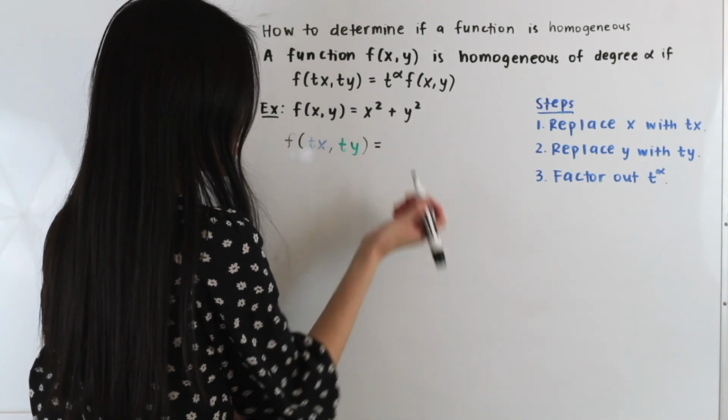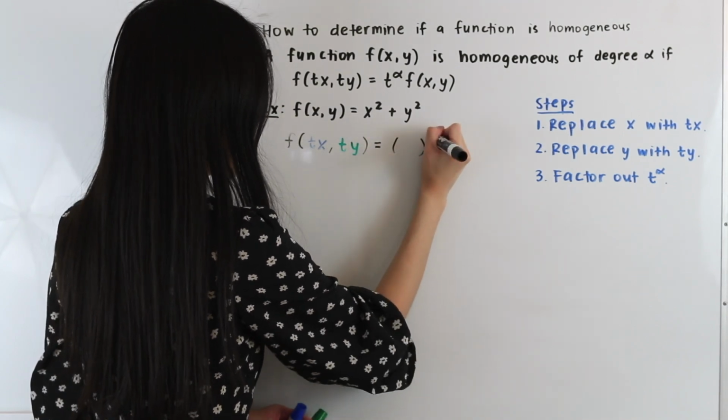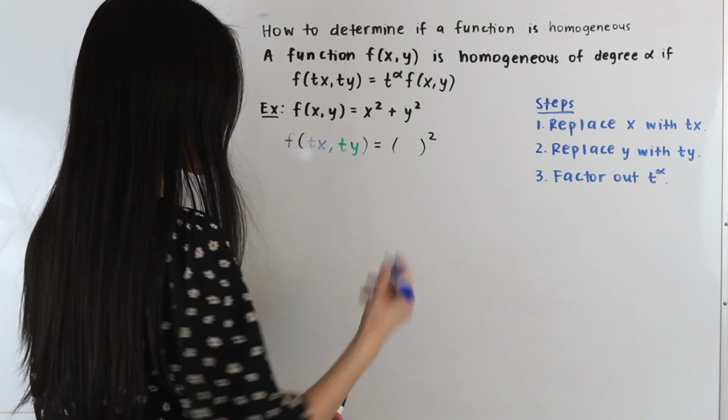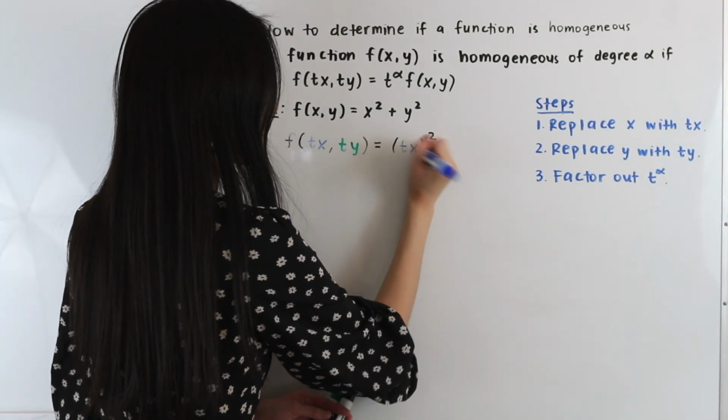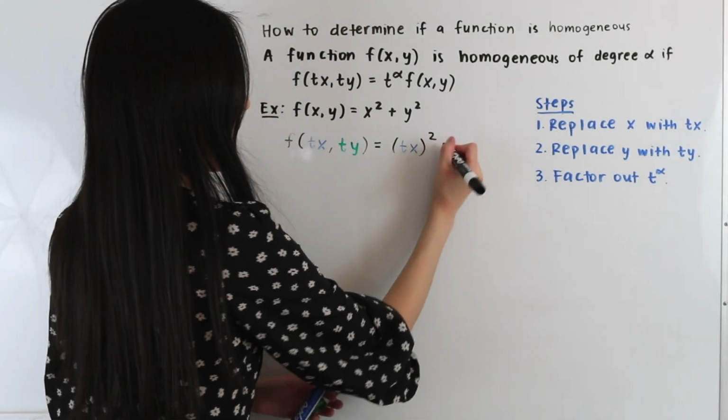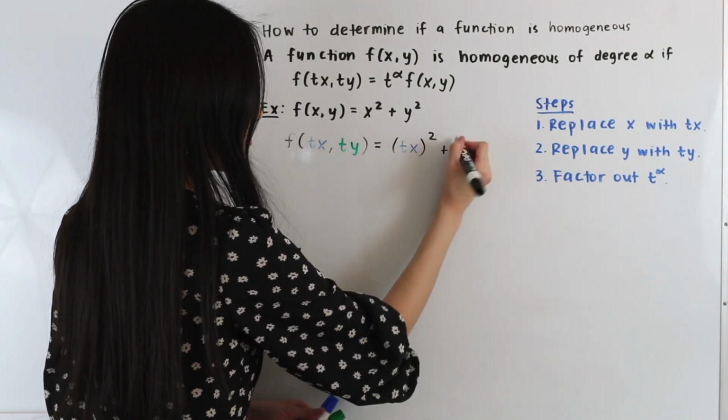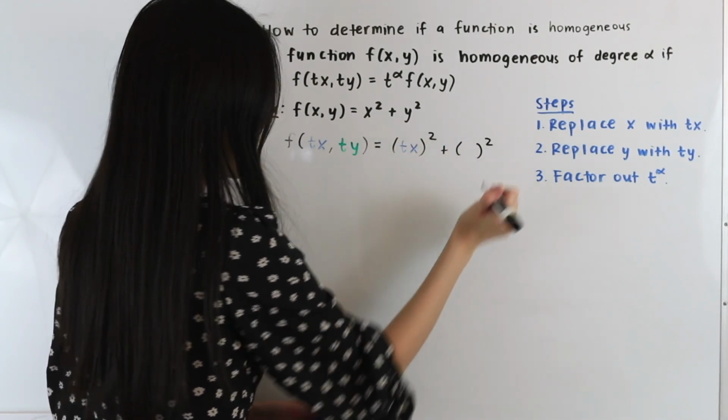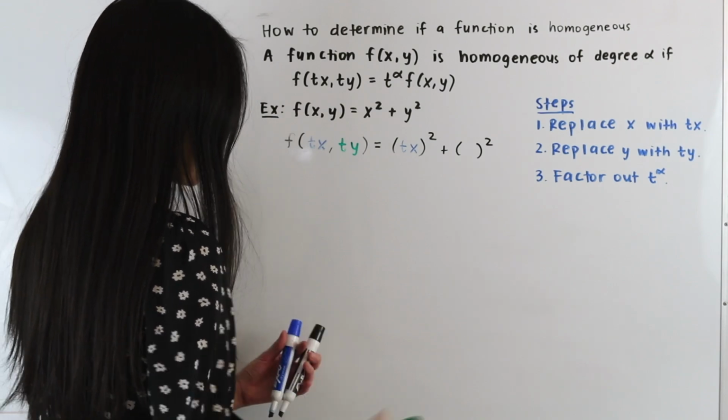Our first term here is an x squared, so let's replace that x with a t x. And here we have a y squared term, so let's replace that y with a t y.